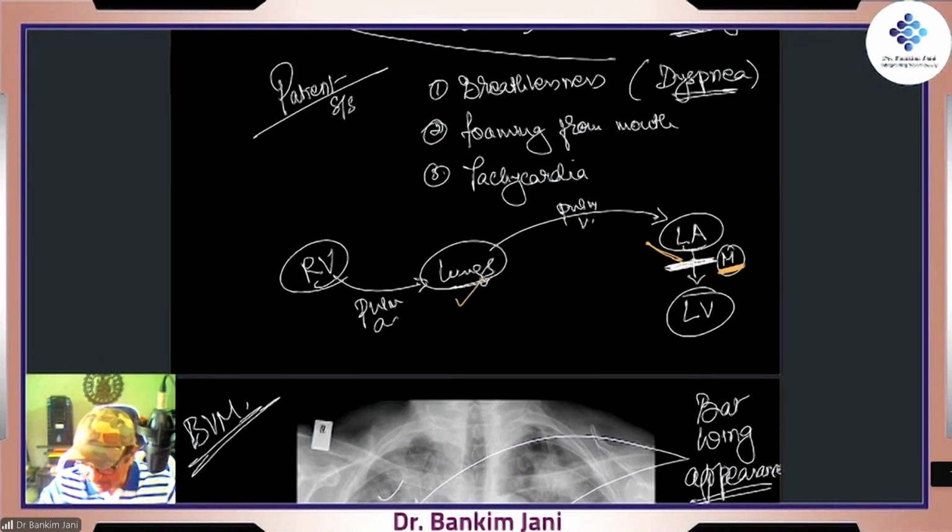Let me be clear. What I drew over here, is it clear to everyone? Any doubt in that? Pretty easy. The lungs are here. This is the right ventricle. From the right ventricle, the pulmonary trunk will come. This is the lung. From the lungs, it is the pulmonary vein. The pulmonary vein will go into the left atrium to left ventricle. In between, there is the mitral valve.